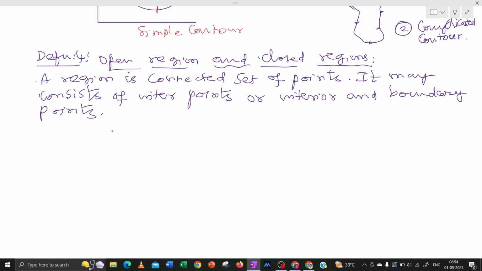An open region consists only of interior points.